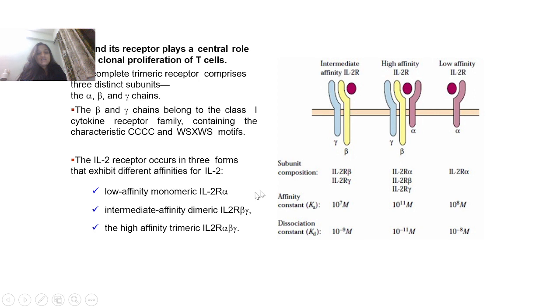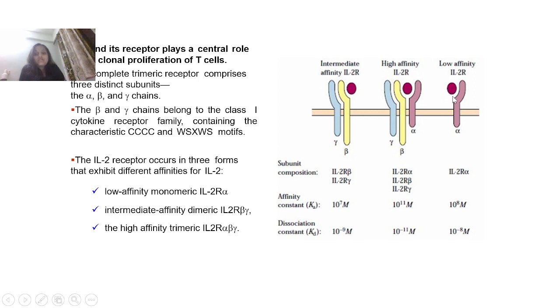Whenever only the alpha chain is present, it has low affinity to IL-2. Whenever the beta and gamma chains are present, it has intermediate affinity to IL-2. And when all three are present together, alpha, beta, gamma, it has high affinity to IL-2. So you can understand that by receptor rearrangement and receptor expression, the cytokine behavior can be controlled.